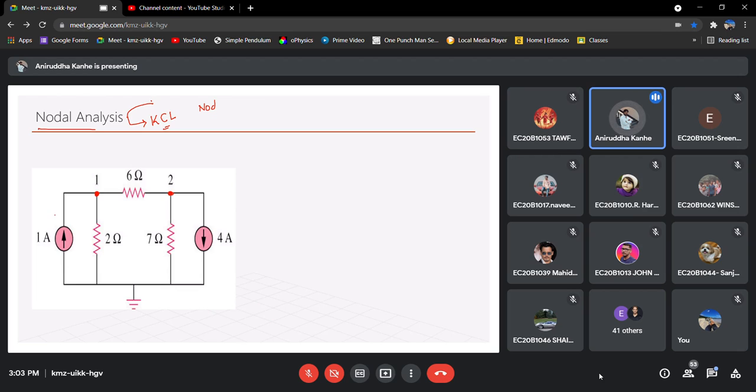So how many different nodes are there? This is the first node, that's the second node, and this is the third node. These are just wires, nothing is connected here. They are just drawn to make your circuit look good. Otherwise, you could have drawn this circuit in this way also.